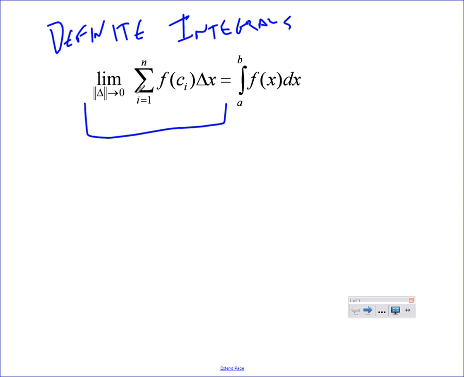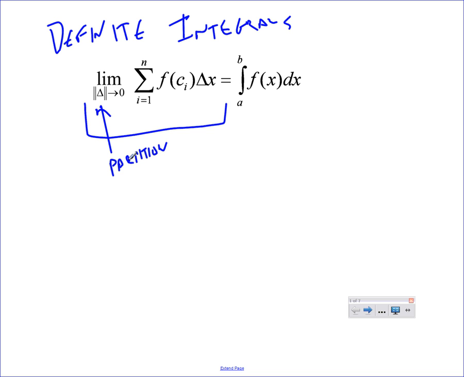The difference between what we've been using and what is written here is that we've been using n approaches infinity, and this is talking about as this little weird thing here goes to 0. It's a delta. This is the partition, is what it's called. What we've been doing is making sure that all of our boxes are the same width, and it really doesn't matter, as it turns out.